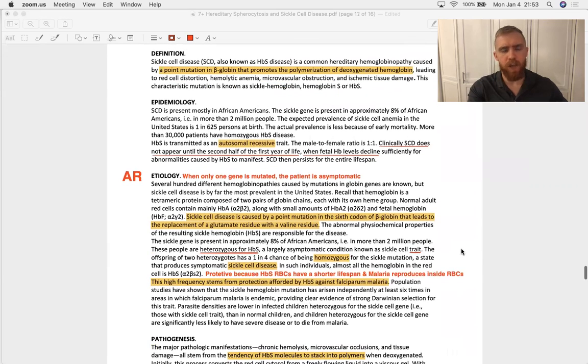Now, sickle cell is caused by a point mutation in beta globin that promotes the polymerization of deoxygenated hemoglobin, leading to red cell distortion and hemolysis as inclusion bodies build up within red cells. But you don't just get an anemia.